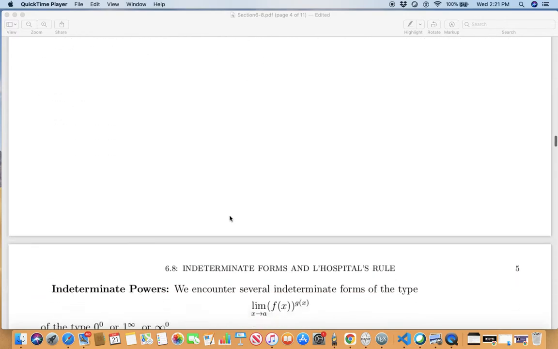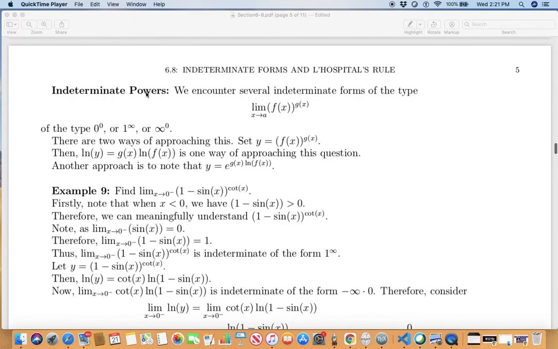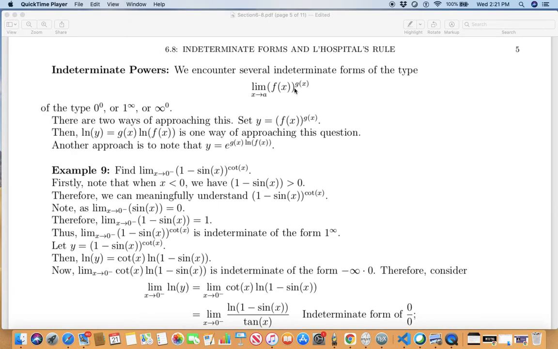All right. Now, indeterminate powers. There are different types of indeterminate powers. In other words, look at these functions. f(x) power g(x). Now, if you have 0 power 0, so this function approaches 0, this function also approaches 0. It's not clear which one is faster. Regardless, that is indeterminate.